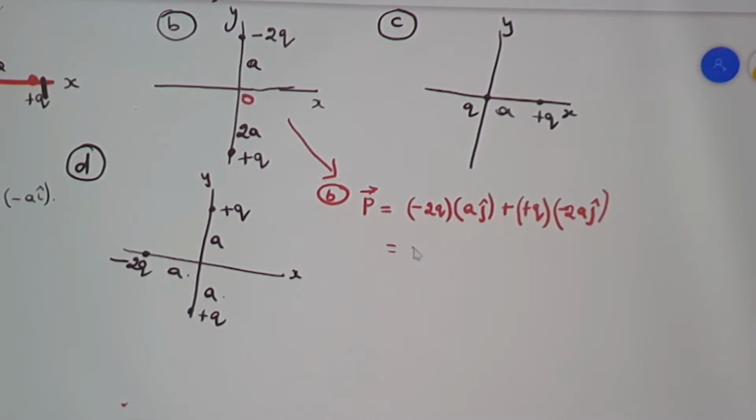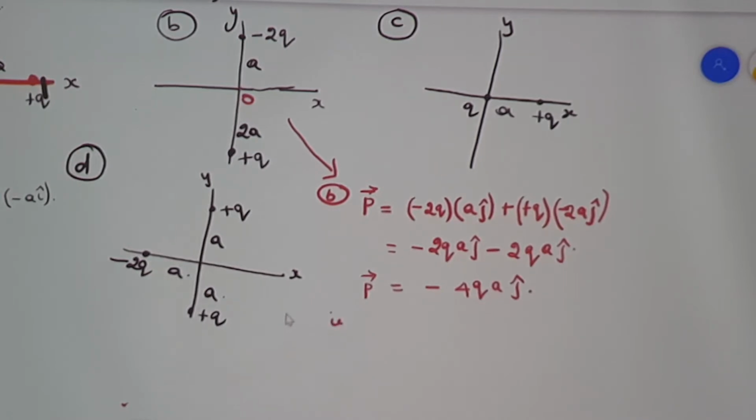Simplify this: minus 2q a j plus minus 2q a j. What is the final value of p vector now? The dipole moment is equal to minus 4q a along j cap.